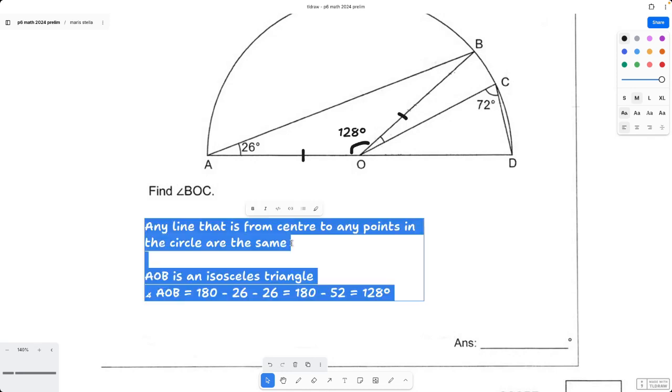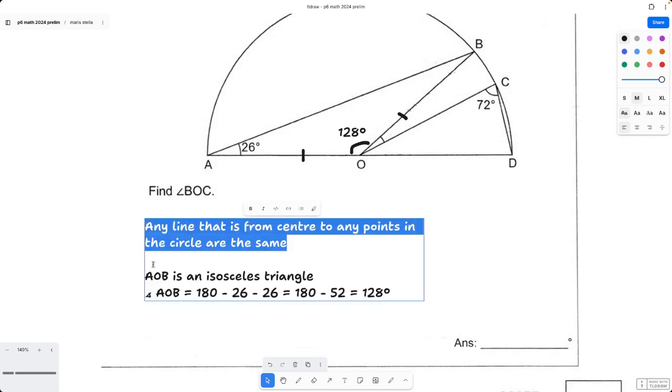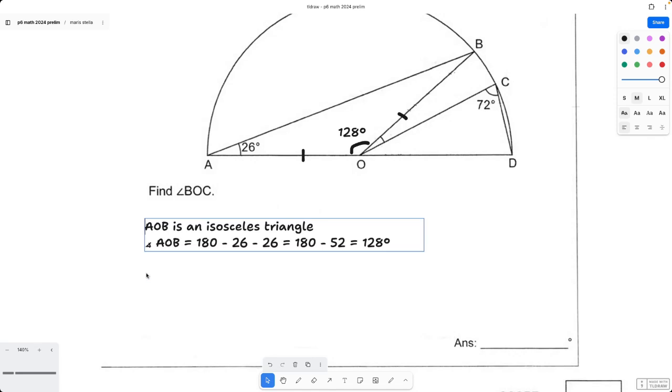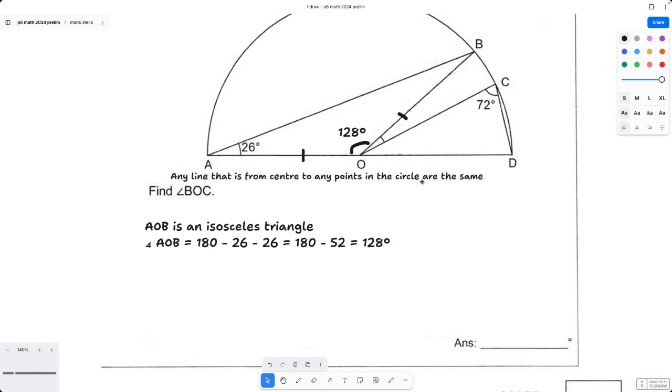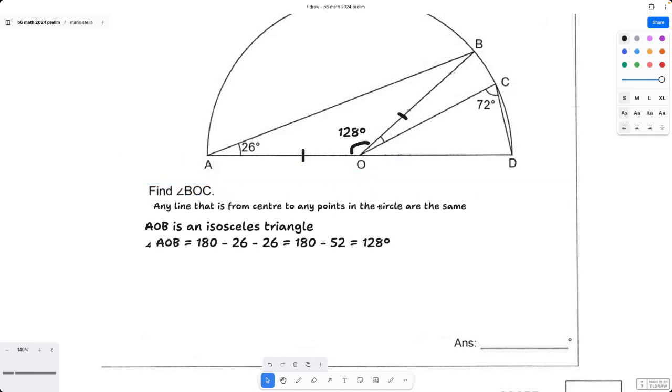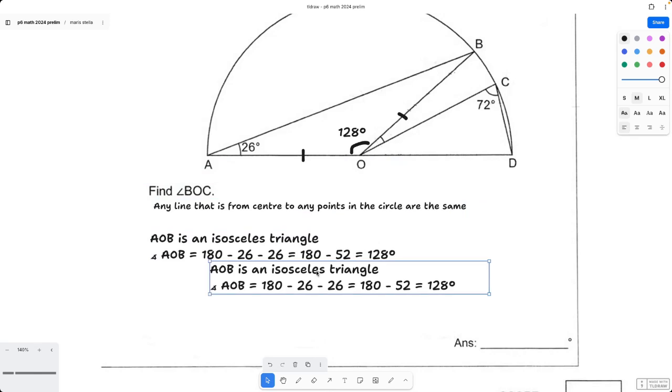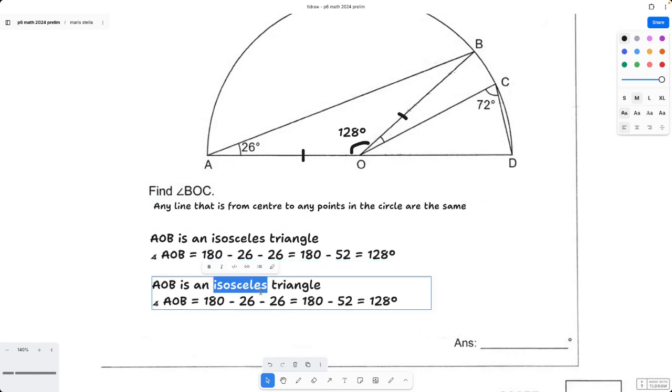All right, so same goes with COB. Any line that's from the center is the same. So same thing with COD. So COD is 180 minus 72 minus 72.